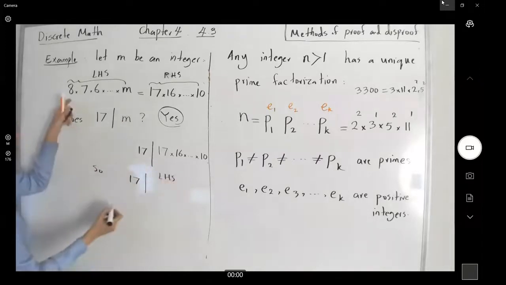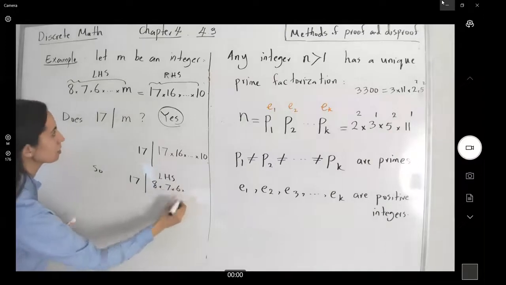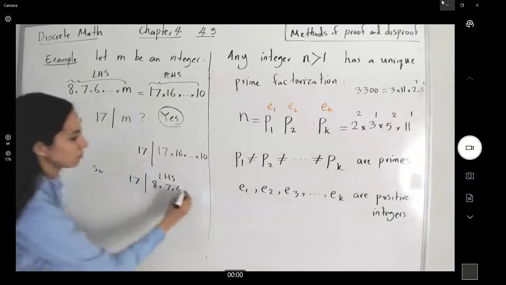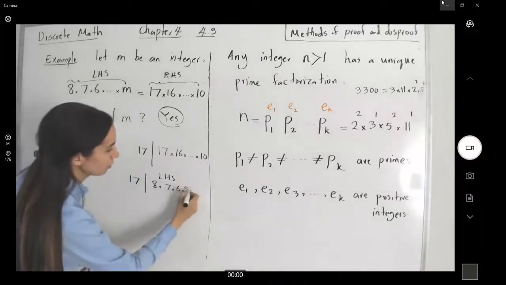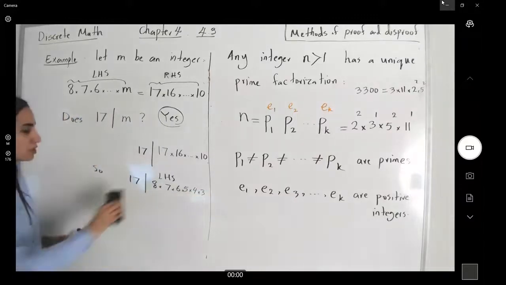The left-hand side is nothing but 8 times 7 times 6 times m times 5, 4, 3, 2.